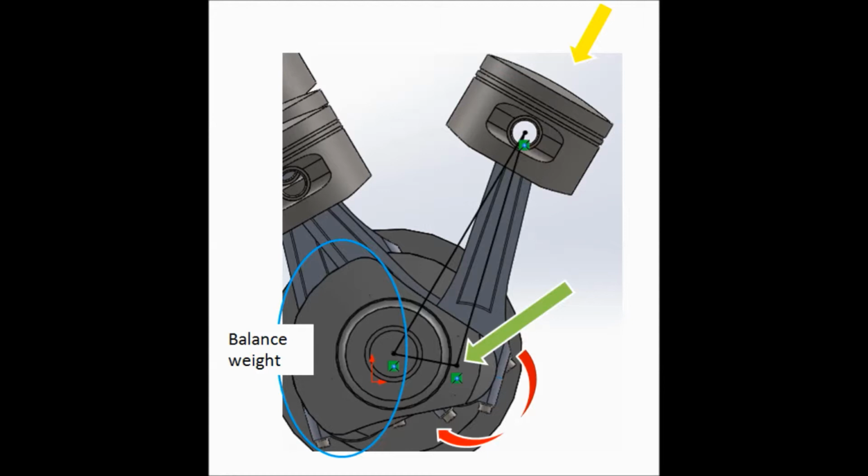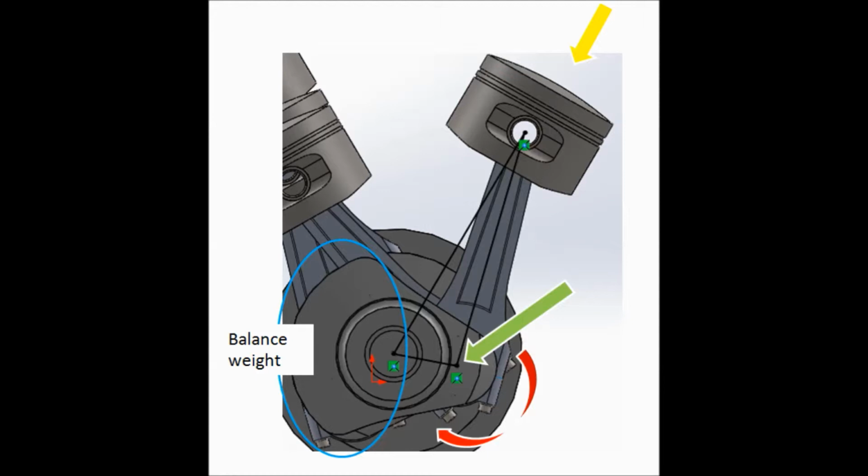Now this picture shows one of the pistons in our V12 engine design. The yellow arrow means the direction of the piston moving, and the green arrow is the point where the inertial torque is acting. The red arrow shows the direction of the crankshaft moving.